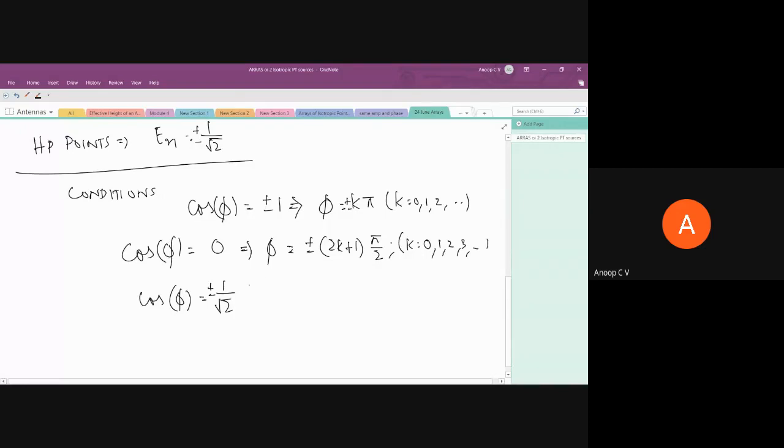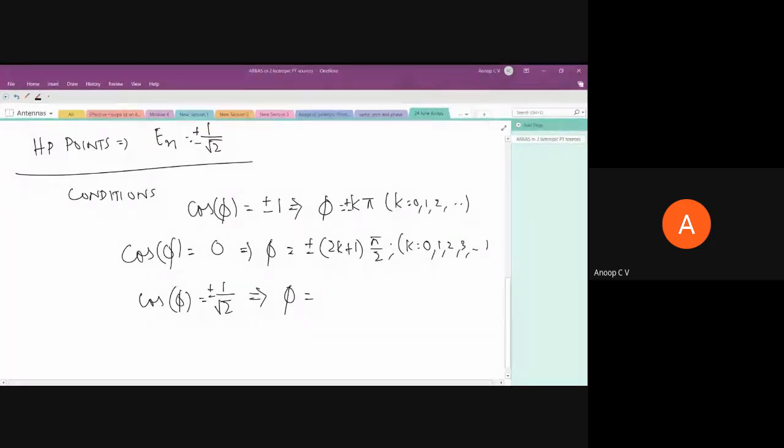If cos phi has to be plus or minus 1 by root 2, what should phi be? We discussed yesterday, it's very basic math. Can even multiples of 45 give you magnitude 1 by root 2 times the maximum?